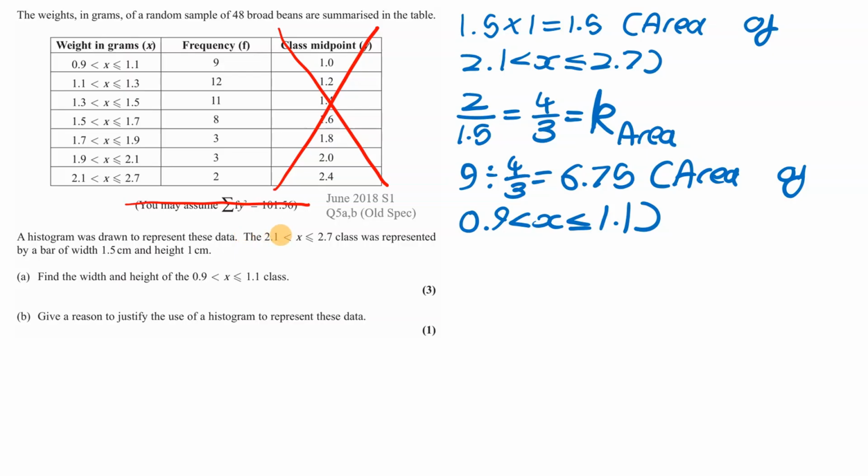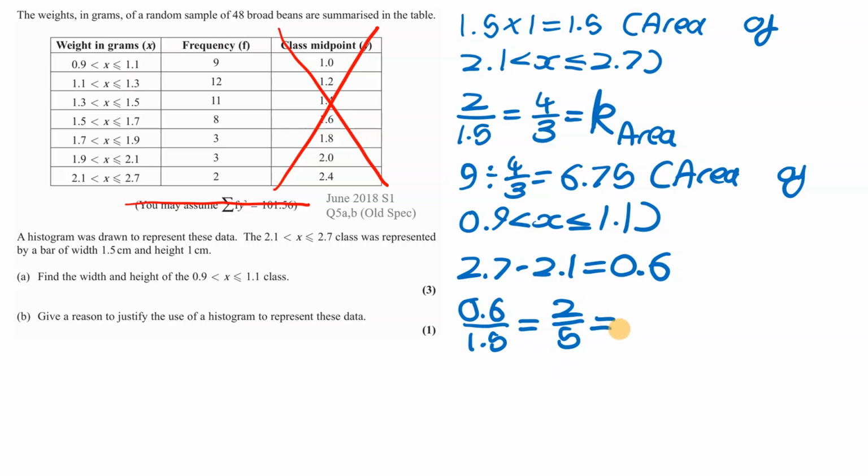The width of this class is 2.7 minus 2.1, which is equal to 0.6, and it's represented by a bar of width 1.5. So if we do 0.6 divided by 1.5, this is equal to 2 over 5. This is the scaling factor for the width of the histogram bar.